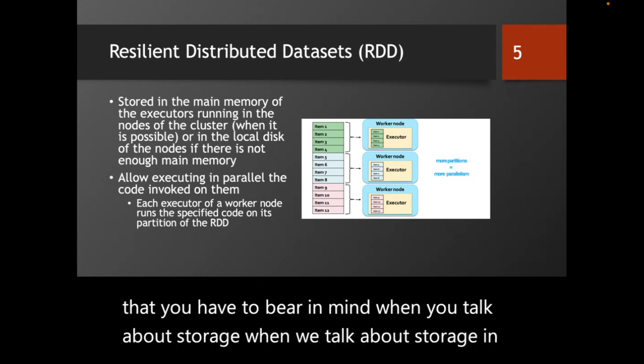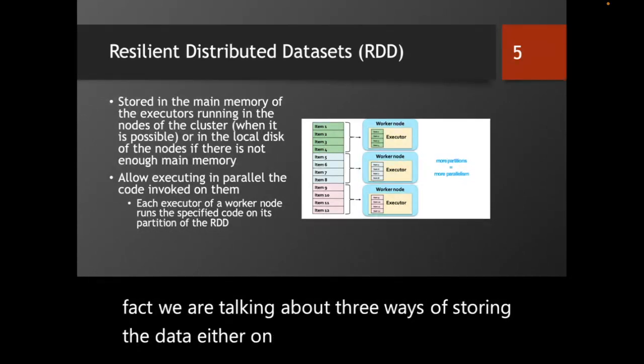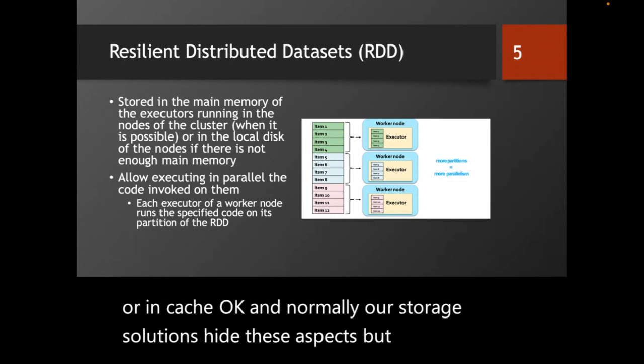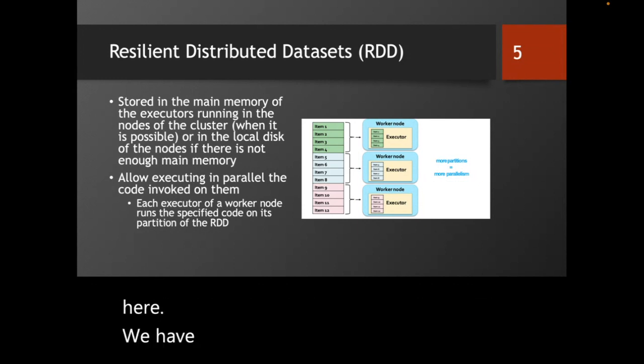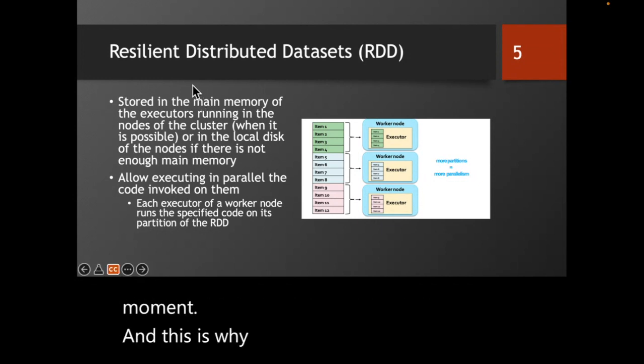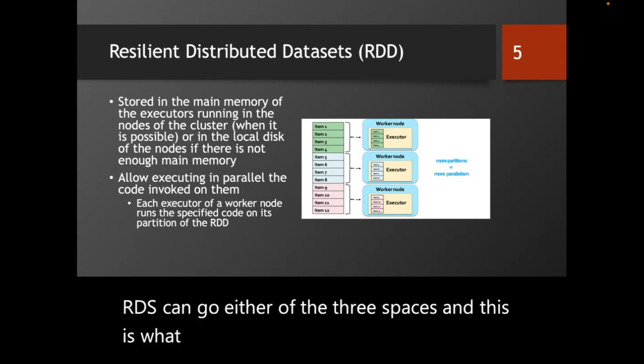We are talking about three ways of storing the data: either on disk, in main memory, or in cache. Normally our storage solutions hide these aspects, but here we have these elements exhibited, and we have to decide where to put the data at which moment. This is why it is important to say that the RDDs can go in any of the three spaces. And this is what allows the parallel execution.